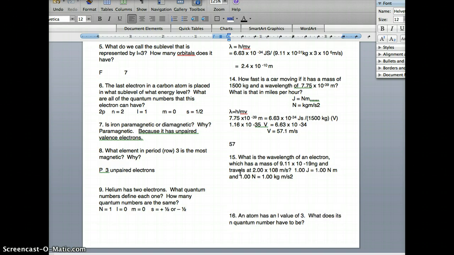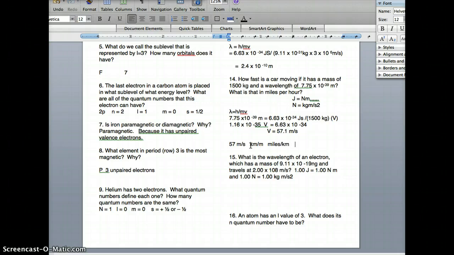Converting that to miles per hour, incidentally, if I was a stickler for details, it would only be 57 due to sig figs. All right, got 57 meters per second. I'm going to first change to kilometers, and then I'm going to change to miles.